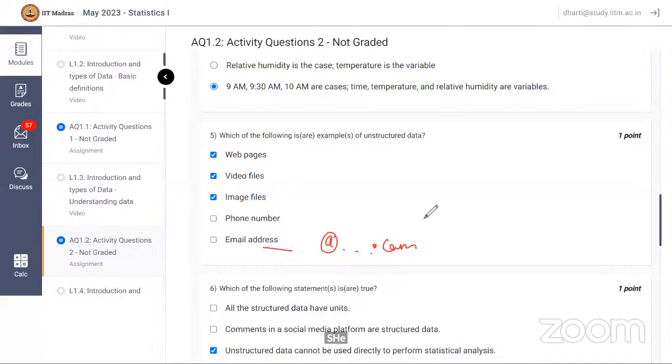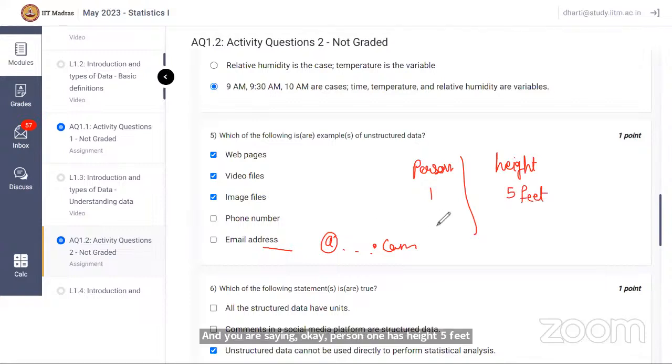So that way, when you measure height, let's say in some data you are measuring the height of persons, and you say person 1 has a height of 5 feet, and the second person's height is, let's say, 100 centimeters.